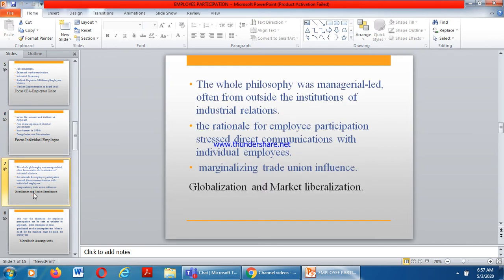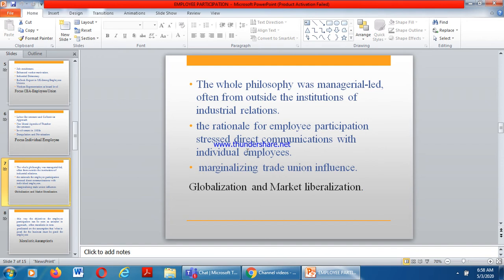The whole philosophy was managerial-led, often from outside the institution of industrial relations. The rationale for employee participation stressed direct communication with individual employees. This means the role of the union has been marginalized in the post-1990 era.